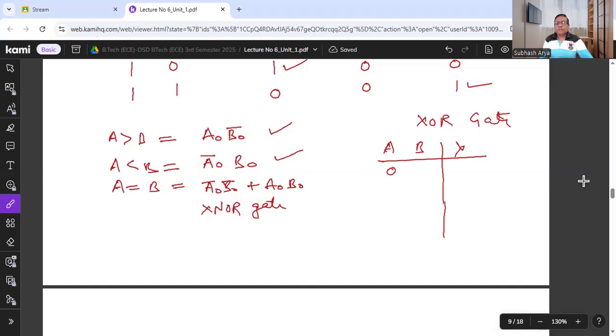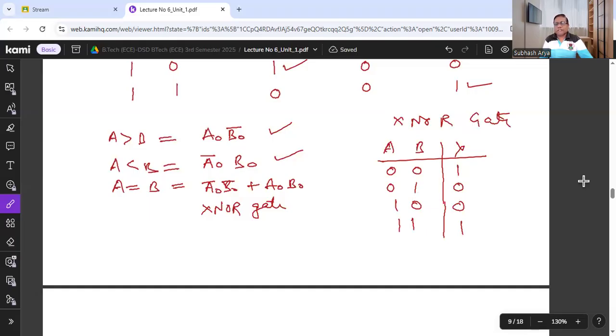For 0 0, the XNOR output is 1, then 0 1 will be 0, 1 0 will be 0, and 1 1 will be 1.